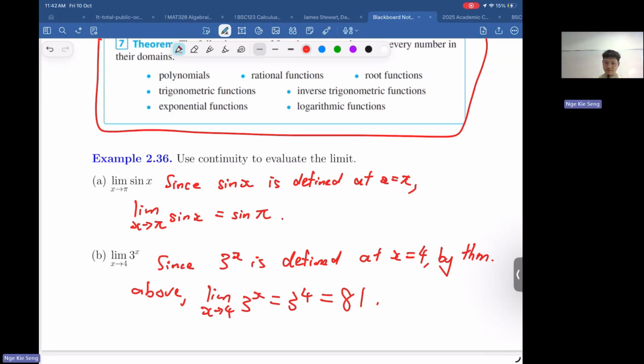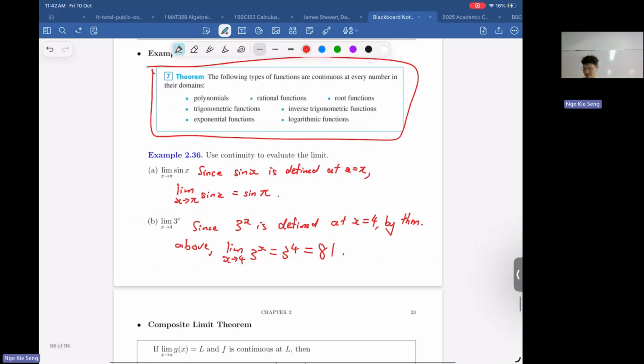So maybe one thing you should remember out of these 3 hours is: if you have a continuous function and you want to compute a limit, just substitute that point into your function. The point is you have to know it's continuous. Otherwise, you cannot simply substitute, and you get the wrong answer.